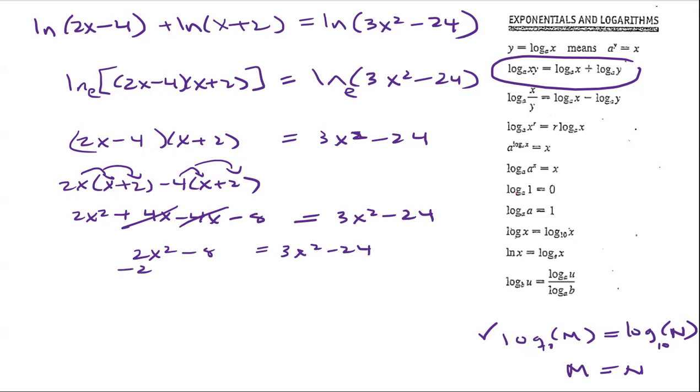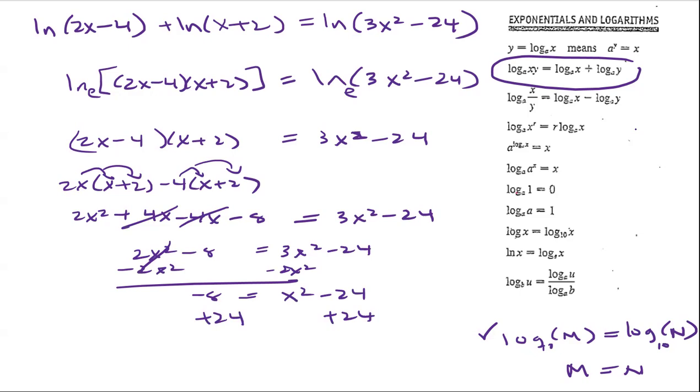Okay, and then I'm going to subtract 2x squared on both sides. So that gives us minus 8 equals 3x squared minus 2x squared, which will just give us an x squared, minus 24. Then we're going to add 24 to both sides. Okay, so then this is going to cancel. And we have x squared equals minus 8 plus 24 is 16.